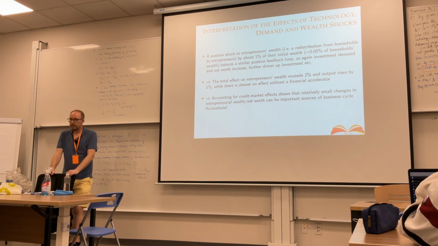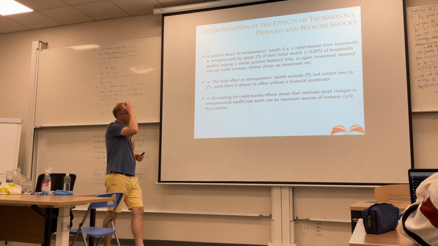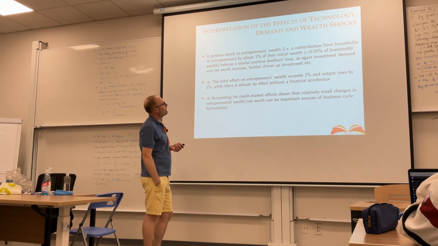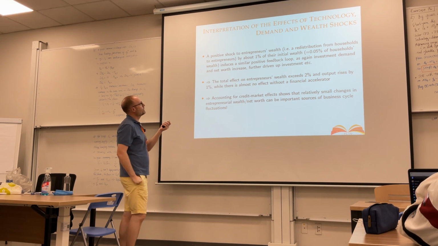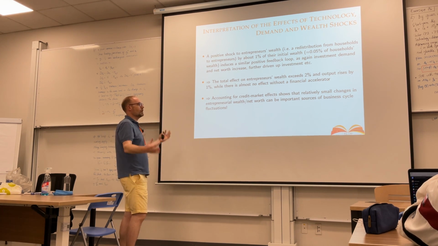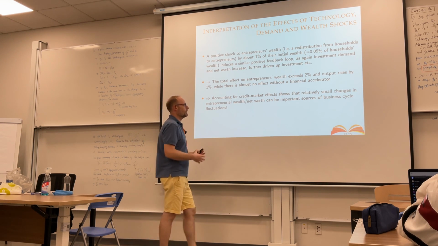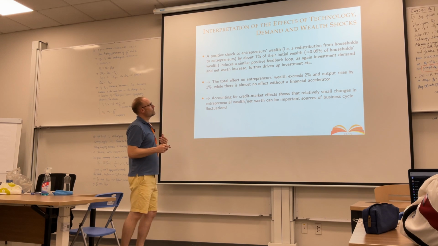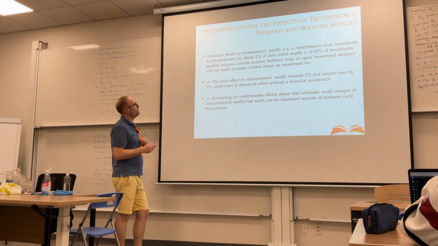This is also where you can get to some questionable conclusions. This tells us that if we give entrepreneurs more wealth, this can generate a trickle-down sort of supply-side effect for the rest of the economy. So the question is, where did this initial 1% increase in wealth come from?